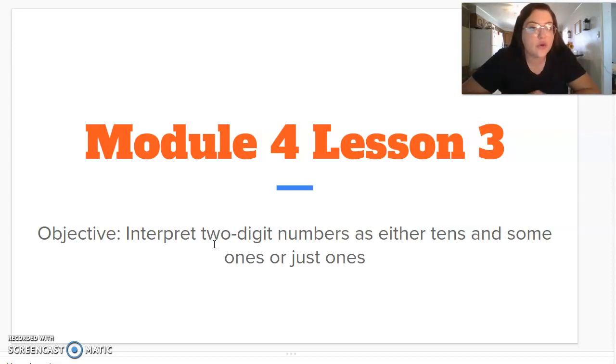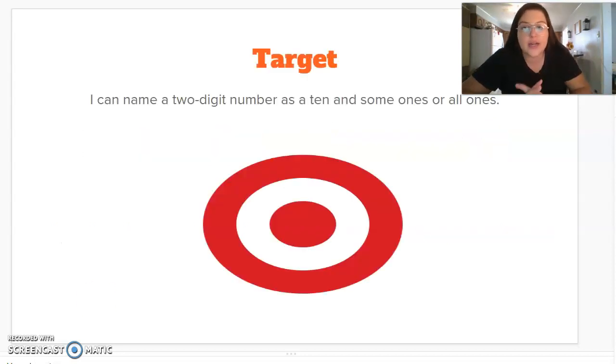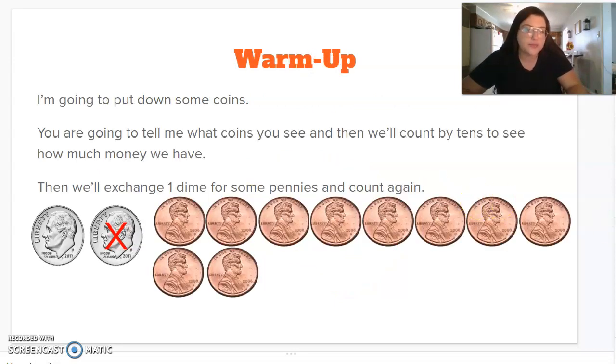Or you could say 42 is 42 ones. So you could say 4 tens, 2 ones, or 42 ones. That's what we're going to be discussing today. Our target is: I can name a two-digit number as tens and some ones, or all ones, like I just discussed with 42.